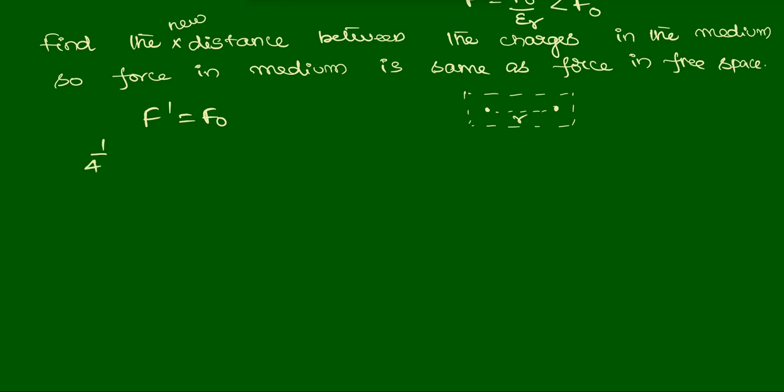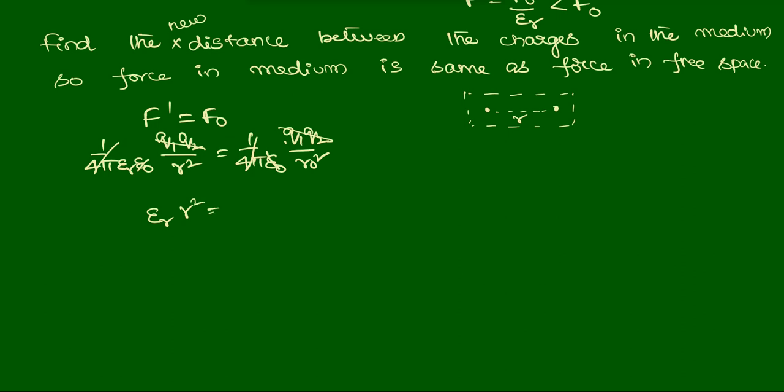F dash will be 1 by 4 pi epsilon R epsilon naught q1 q2 by r square, equal to 1 by 4 pi epsilon naught q1 q2 by r naught square. So 1 by 4 pi epsilon naught gets cancelled, q1 q2 gets cancelled, so epsilon R r square will be equal to r naught square.